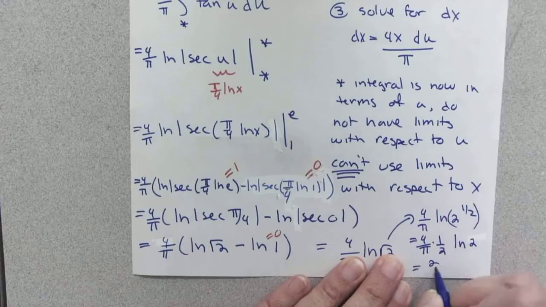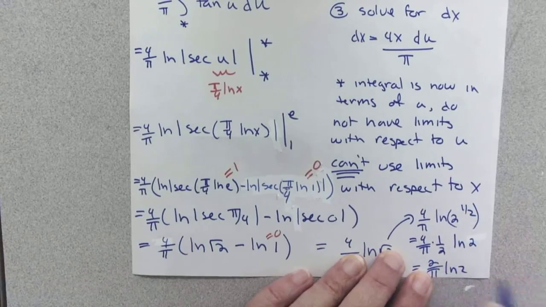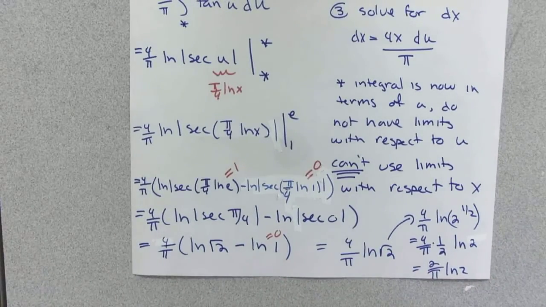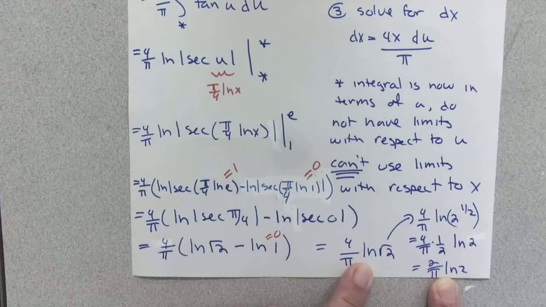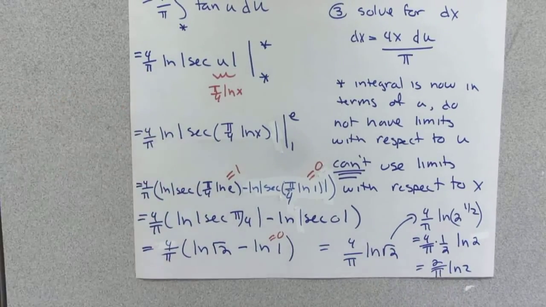And so what we get is 2 over pi natural log of 2. Yeah, you couldn't pay me to care about that. But it wouldn't surprise me if the answer in MyLab Math actually did that. And if you type in this answer, it wants this answer, change them both to a decimal. If they're the same decimal answer, just write me and I will credit your assignment with that. I don't care if you do that.